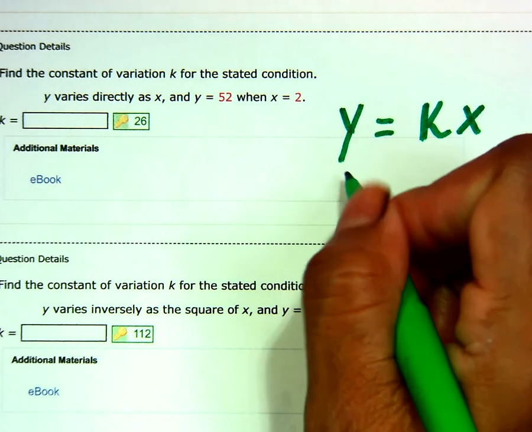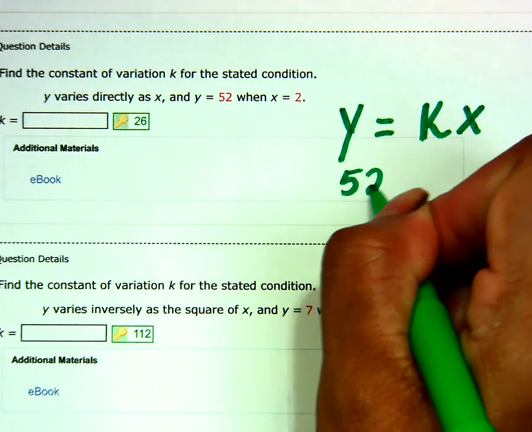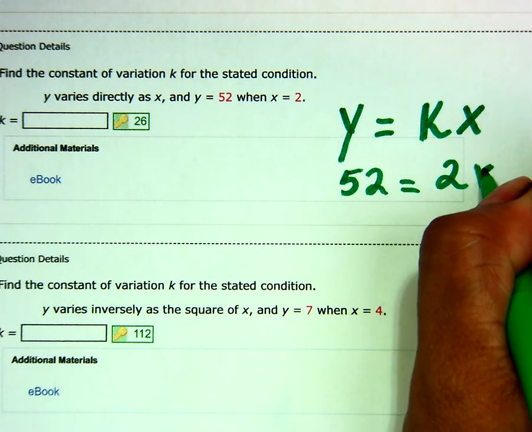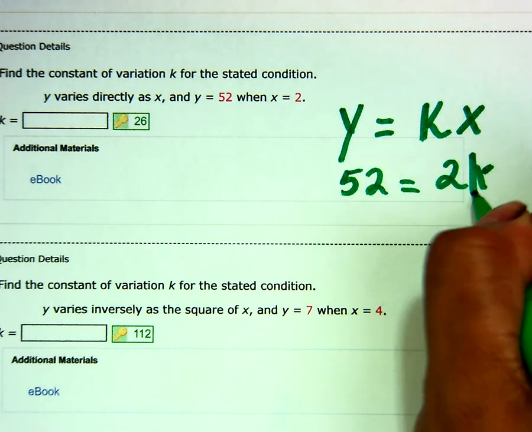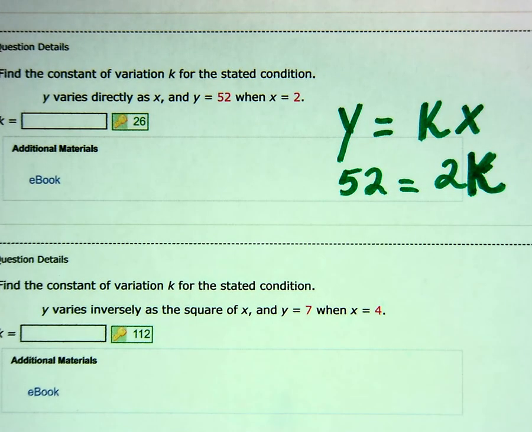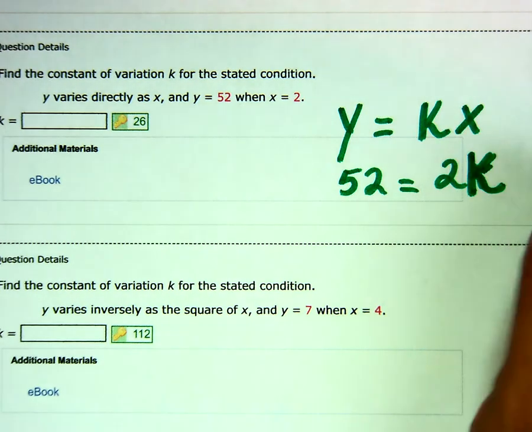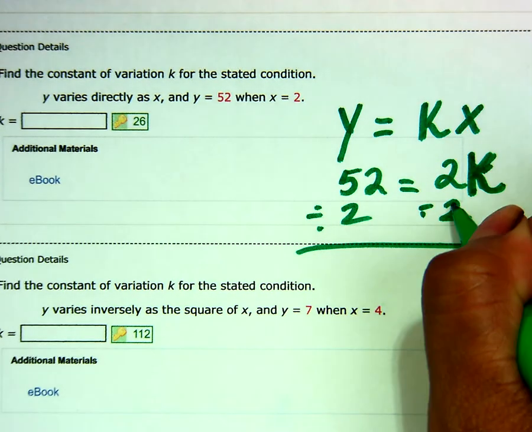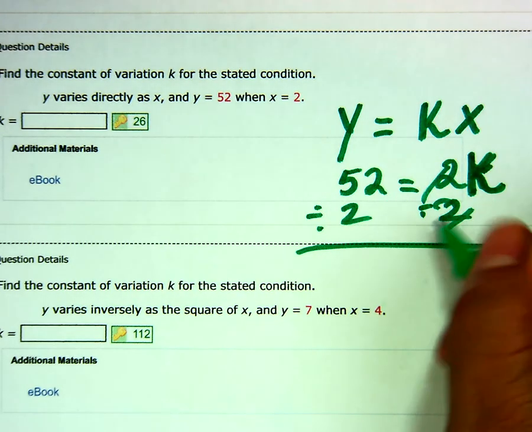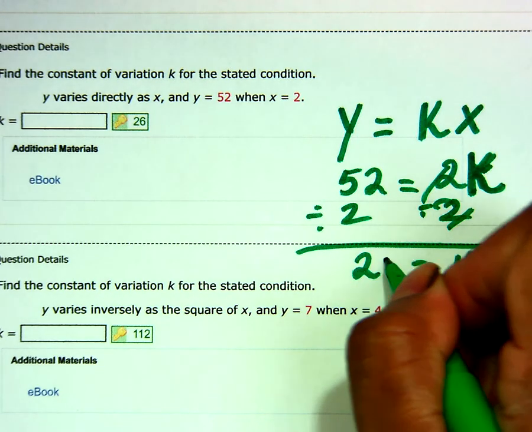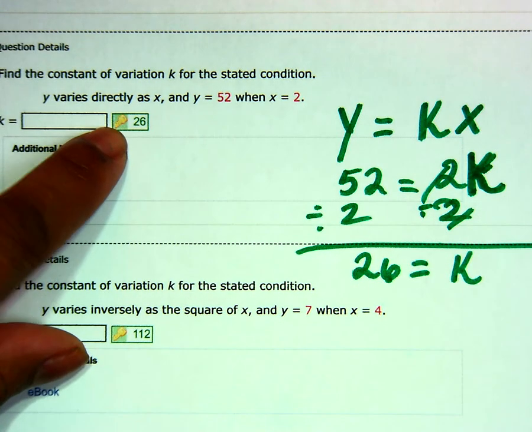I know my y is 52. My x is 2. Or in this case, we're going to say k, because we already know what x is. How would I solve for k? Well, let's divide both sides by 2. So now we know that k equals, what is that? 26. Same thing they got.